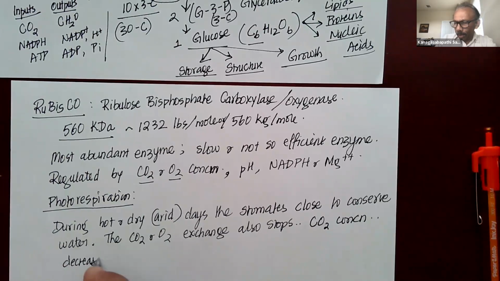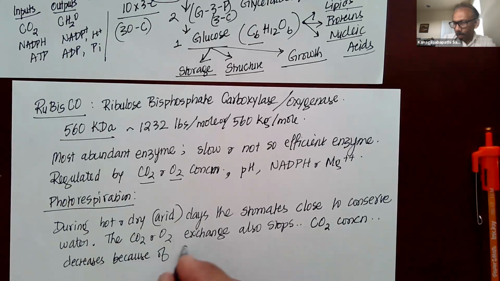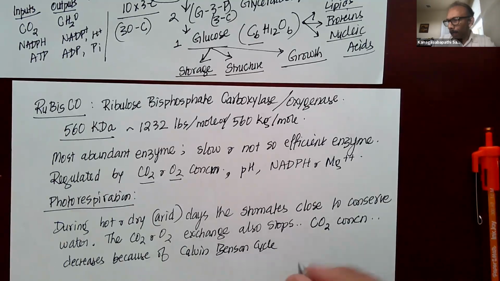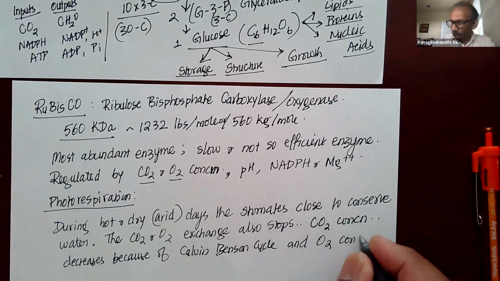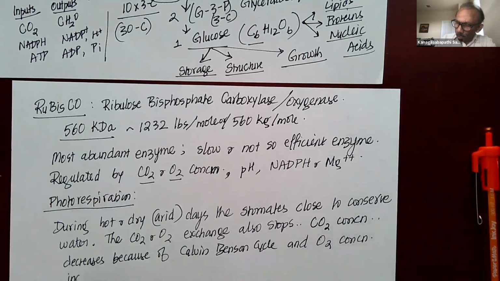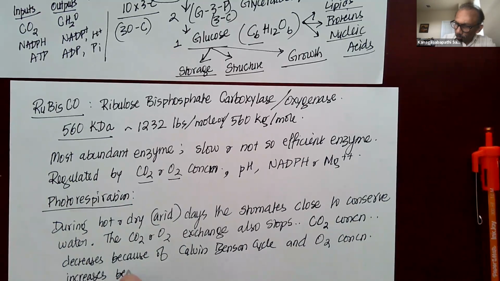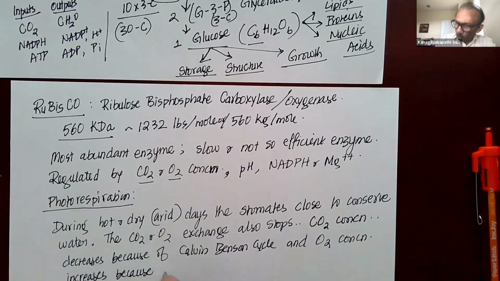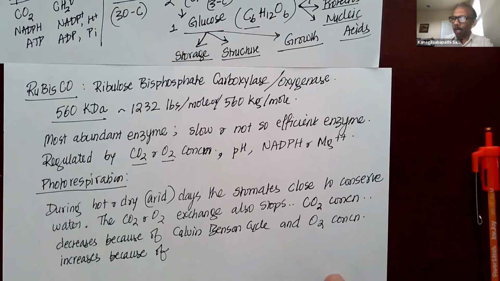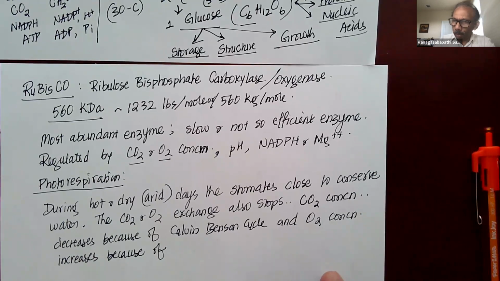Why does it decrease? Because of the Calvin cycle happening, or Calvin-Benson cycle. And the O2 concentration increases. Why does the O2 concentration increase? Anybody? I'm talking about the O2 concentration increasing inside the cell, the mesophyll cells.